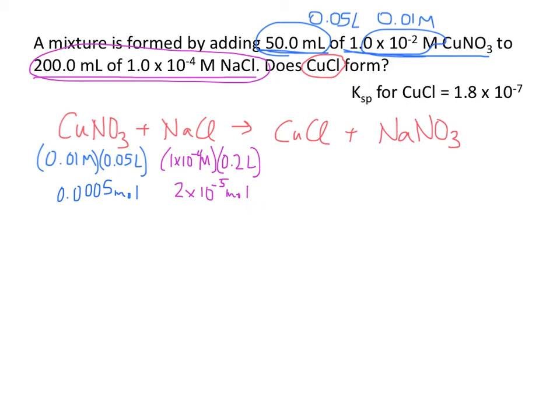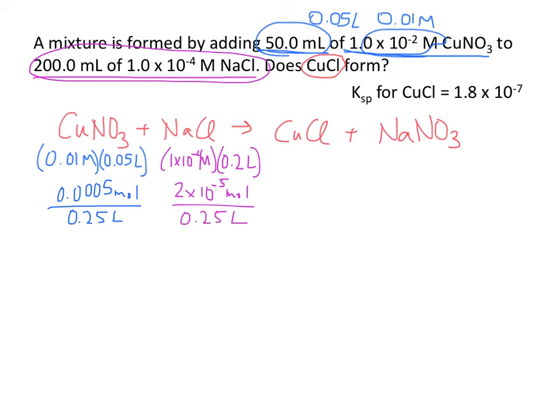Just like in the problem before, we're going to divide that by the new total volume to find the new molarities. So those were my initial beakers, but I'm mixing them together, so now the concentrations are changing because the volume's changing. So I'll divide them both by 0.25 liters, because 250.